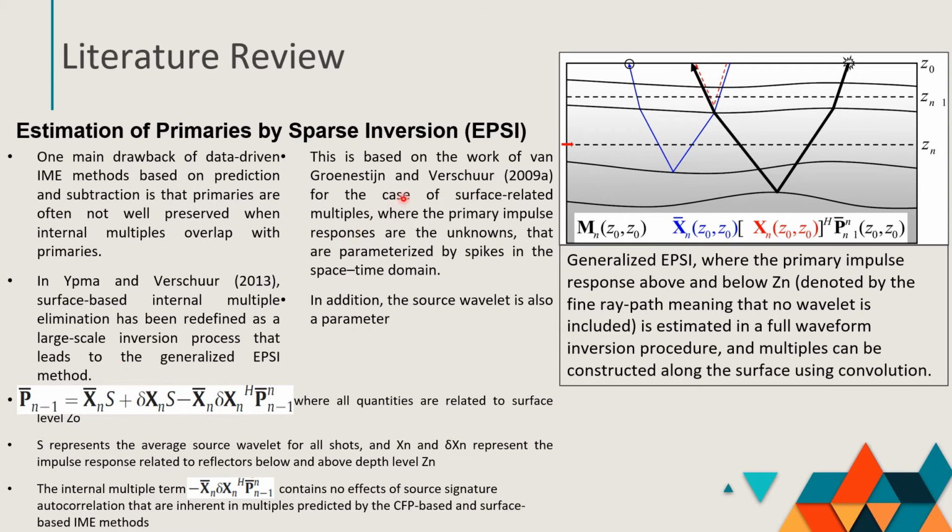This is based on the work of Groenestijn and Verschuur in 2009 for the case of surface-related multiples, where the primary impulse responses are unknown and are parameterized by spikes in the space-time domain.